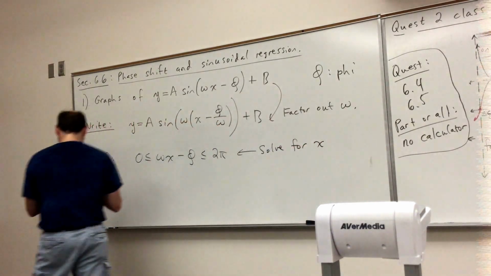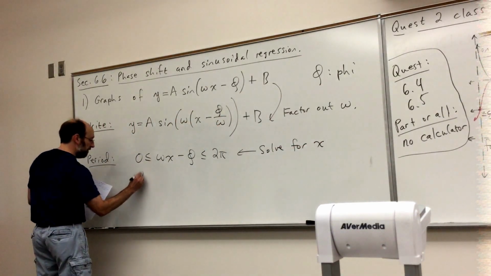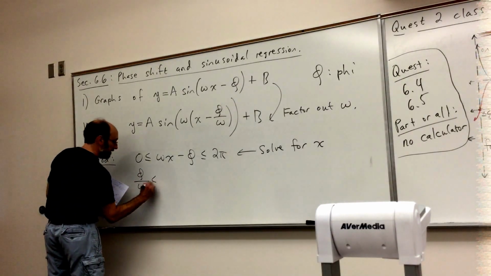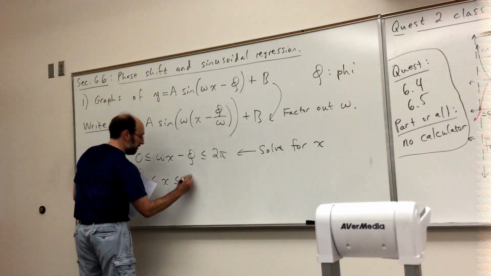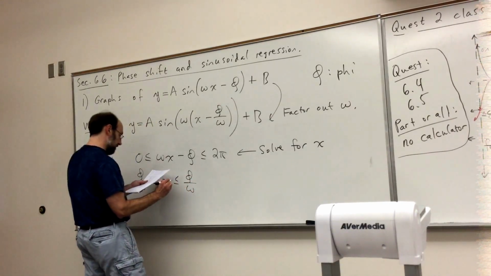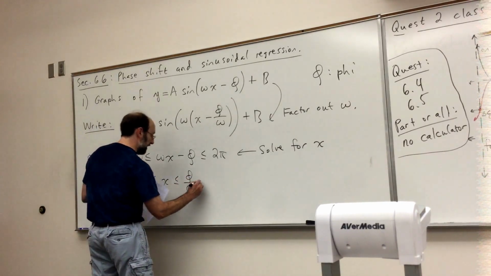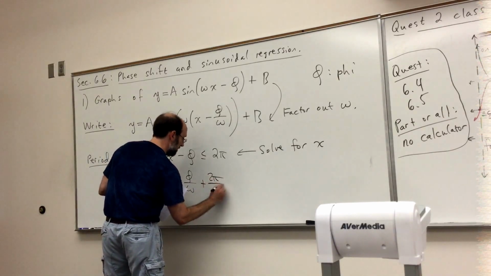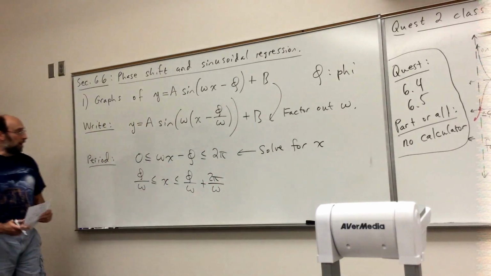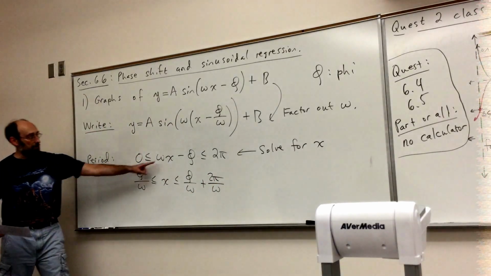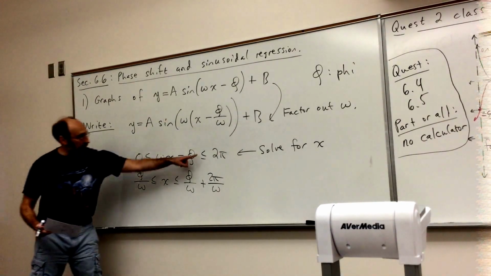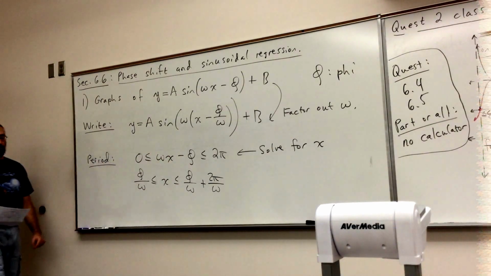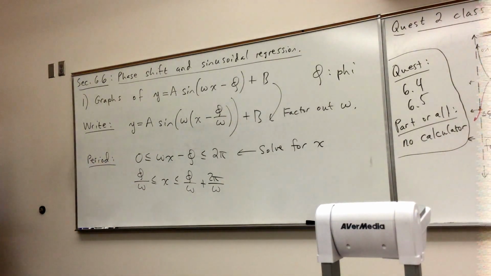We'll get phi over omega is less than or equal to x is less than or equal to phi over omega plus 2 pi over omega. Okay? So all I did was add phi to all three sides and divide all three sides by omega to get this result.